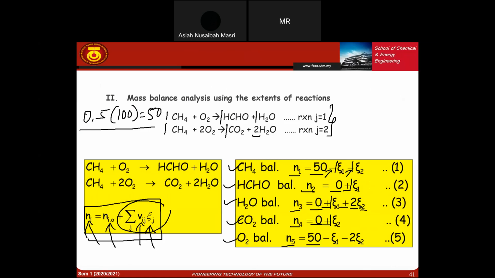Oxygen is a reactant for both reactions, so we have negative here, stoichiometry is 1, extent 1. For reaction 2 also it is a reactant, so negative, and then here we have 2, and then extent 2. So we have 5 equations here.